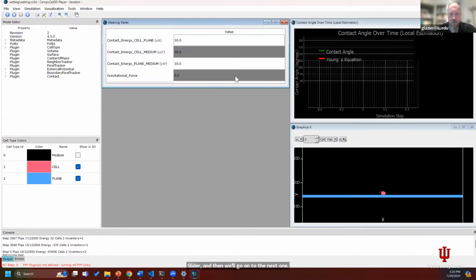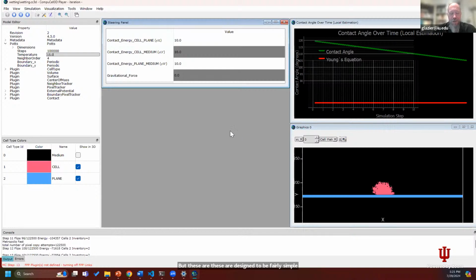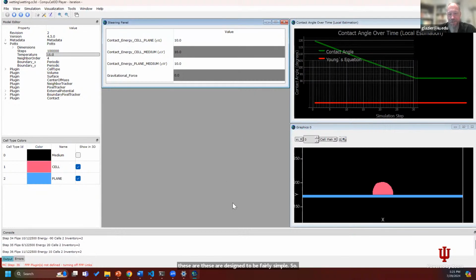The temperature you should be able to change, although I'm not sure it'll pick it up. You can try it, and you can pick it up in the model editor. People are asking relatively sophisticated questions, which is great, but these are designed to be fairly simple demos, so some of them you may have to explore on your own after the session.